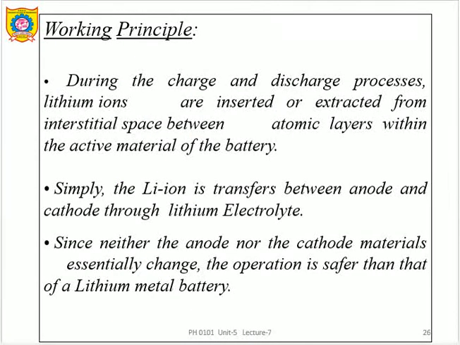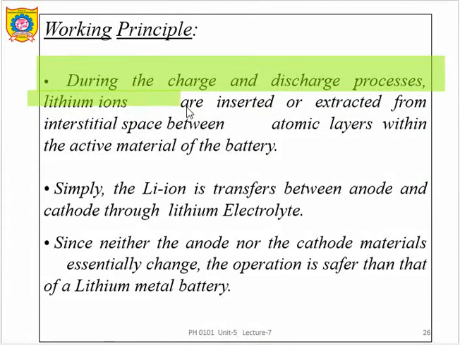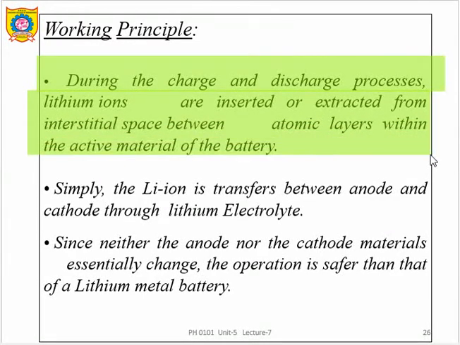Working principle. During the charge or discharge processes, the lithium ions are inserted or extracted from the interstitial space between the atomic layers within the active material of the battery. So which is the active material here?